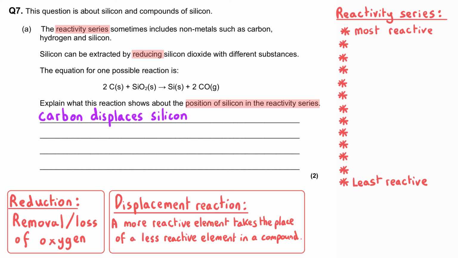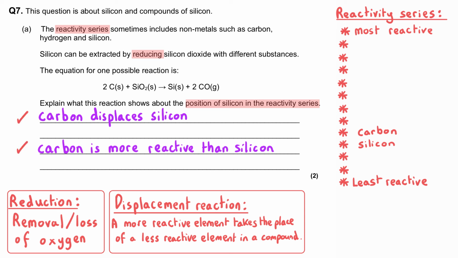It is bonded to oxygen at the end and silicon is not. And this must be because carbon is more reactive than the silicon. Or we could say silicon is less reactive than carbon, or alternatively, we could say that carbon is above silicon in the reactivity series. 1 mark for the carbon displacing the silicon, and 1 mark for commenting on their relative positions in the reactivity series, or their relative reactivity.